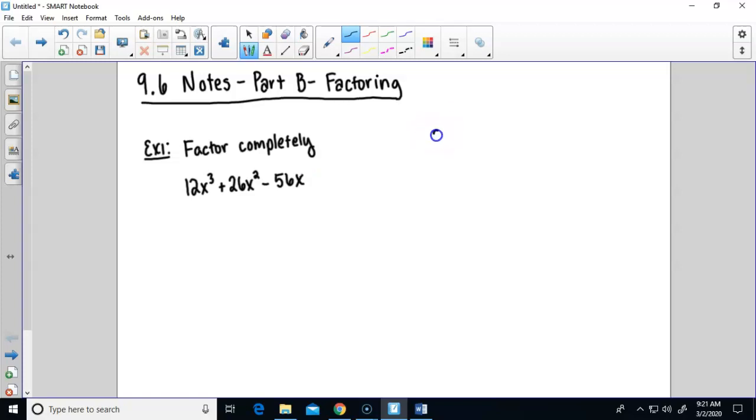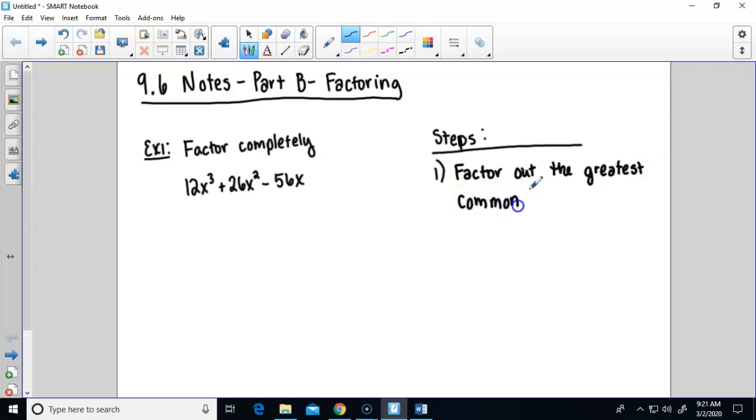Alright, and as we do this problem, we're also going to write down the steps for doing all of these problems. So the first thing you always do is factor out the greatest common factor, or I'll mostly call that the GCF, if there is one.